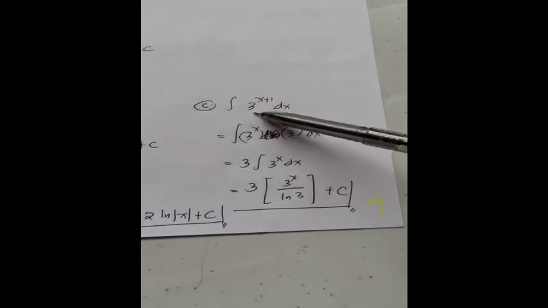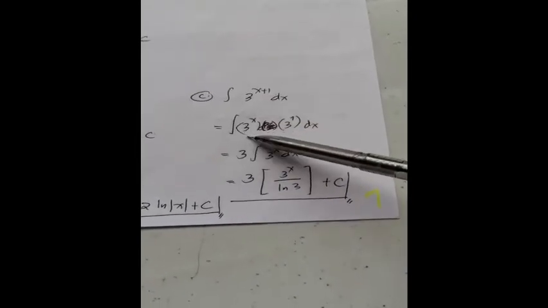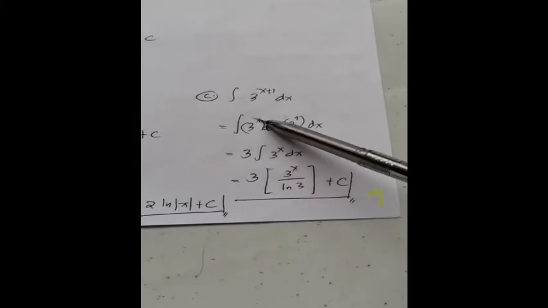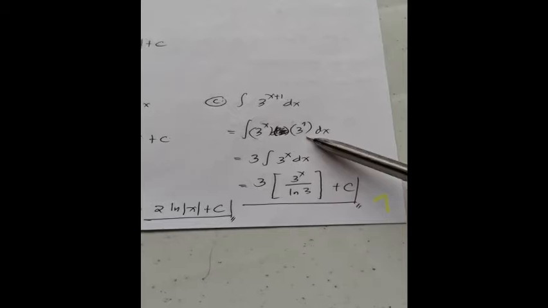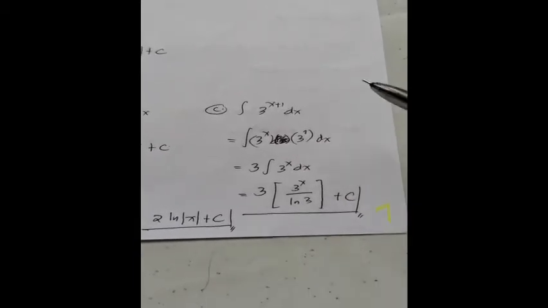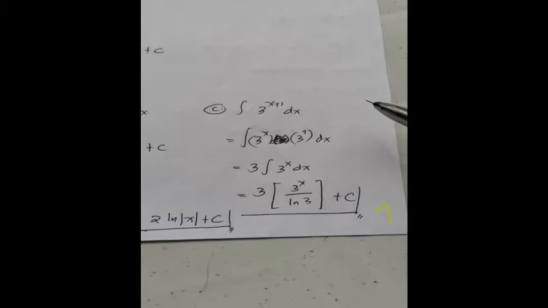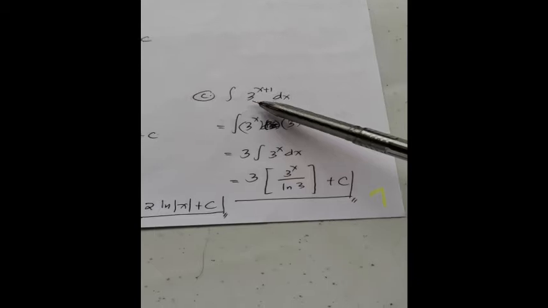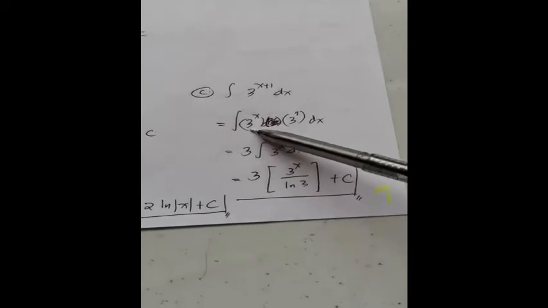So ibig sabihin, pwede natin siyang ma-simplify or ma-express as the integral of 3 to the power of x times 3 raised to the power of 1. Kasi 'di ba, sa laws of exponent, kapag parehas ng base, ang gagawin lang natin sa exponent nila is i-add kapag i-multiply natin 'yon. Okay, so na-express siya as ganito.